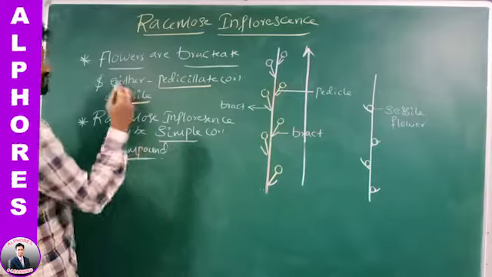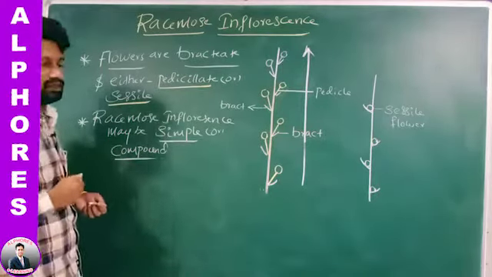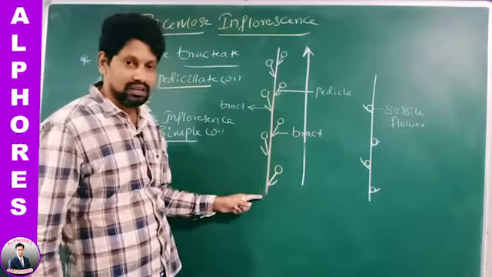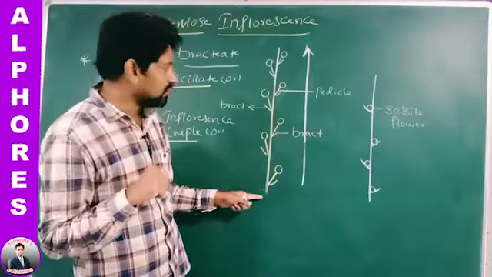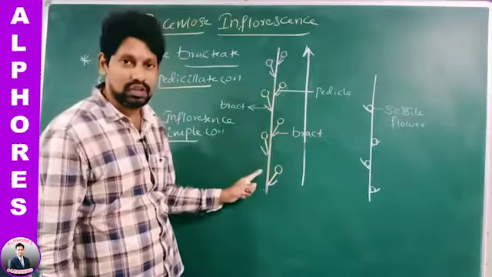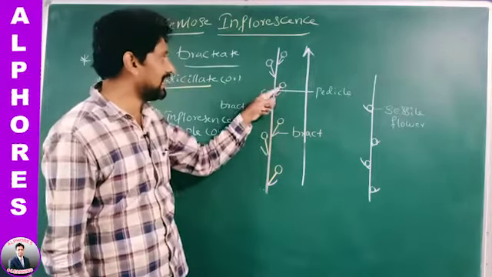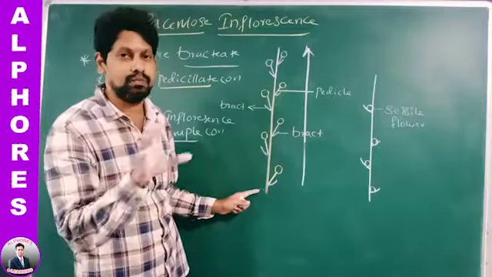Now, listen to the statements. First, go for simple. See here, this is the peduncle. Is there any branch on the peduncle? No. Therefore, the peduncle is unbranched. Flowers are present directly on the peduncle, as branches are absent. This is called simple.